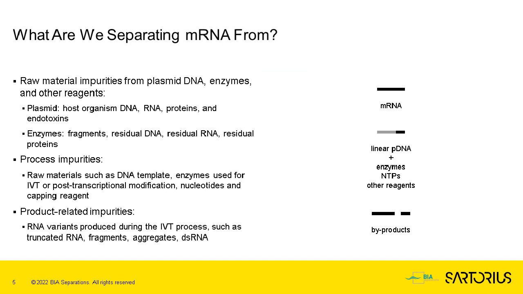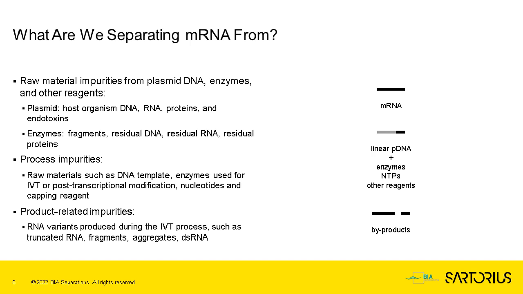And as we produce mRNA, we actually also can produce a lot of contaminants, or bring with the raw materials a whole host of contaminants, which we then in the process need to be removing.